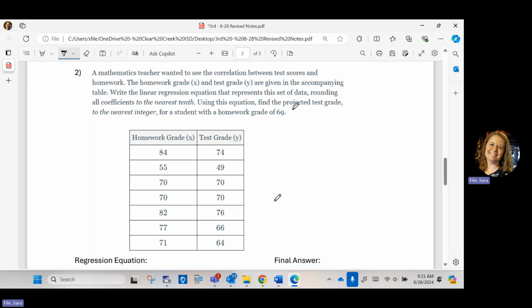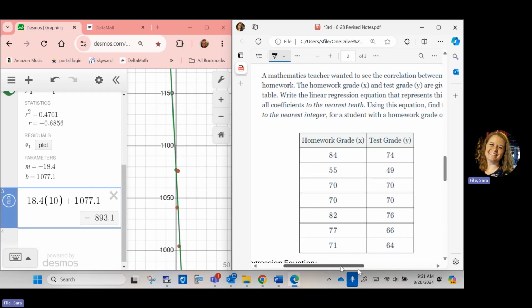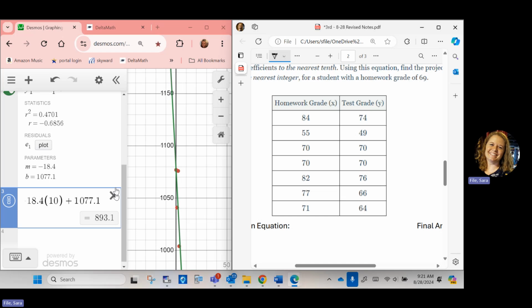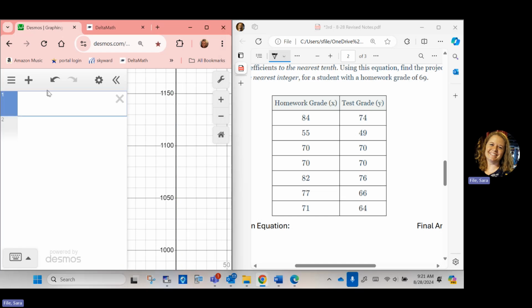Okay, so first we have to enter our data. So I'm going to go back to Desmos. I want y'all going to Desmos on your own and practicing these steps. Make sure yours looks the same as mine. If you're getting something different, you're typing something wrong. So again, add table, and then I'm going to enter the data. Sometimes it's easy to make mistakes when you're entering data, especially if you're trying to do it quickly.